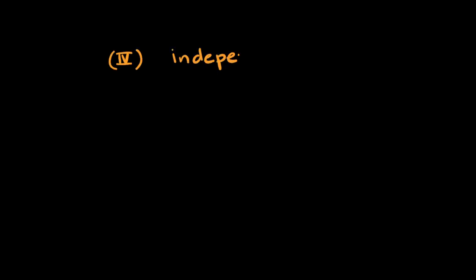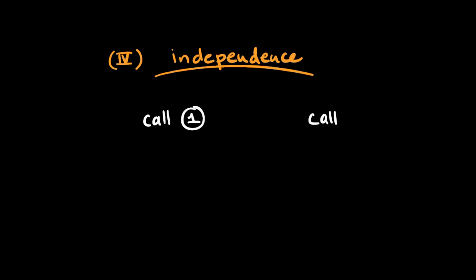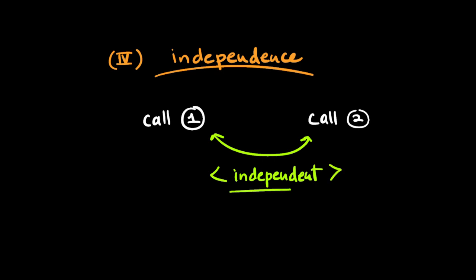That means the mean number of occurrences are independent of one another. What does it mean in this context? That means the telephone operator receives the first call and then the telephone operator receives the second call. These two calls have nothing to do with one another. They are not influenced by one another. They are independent of one another.